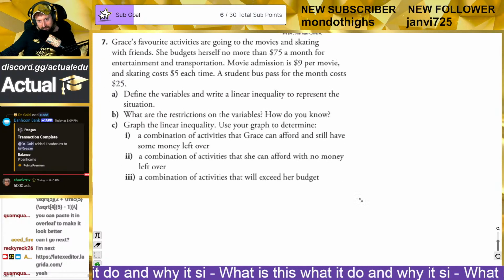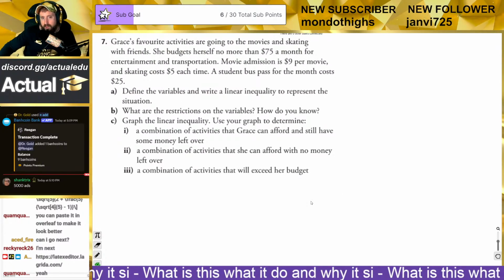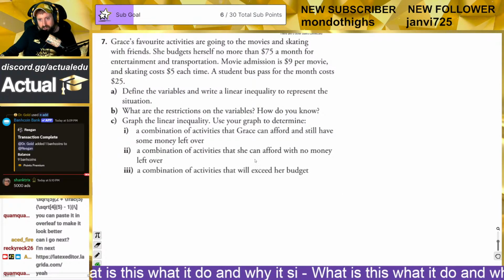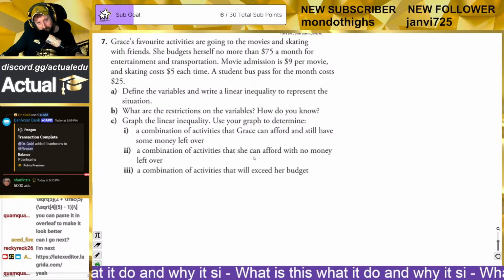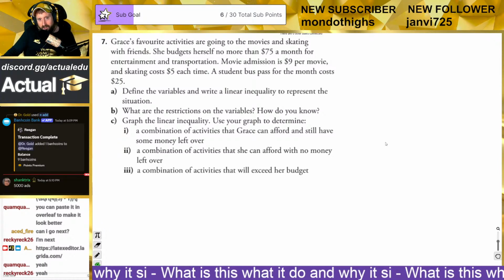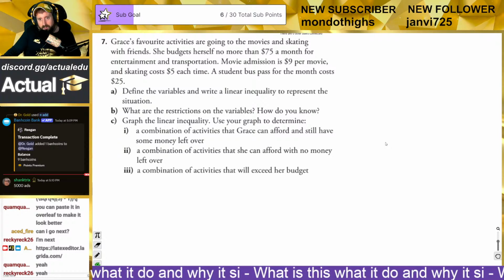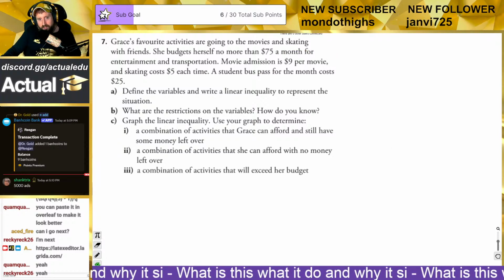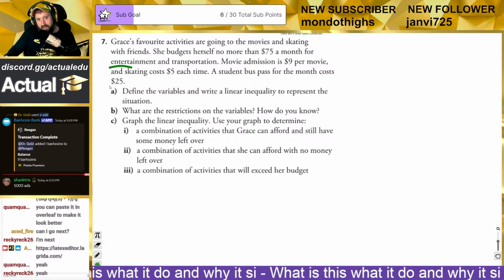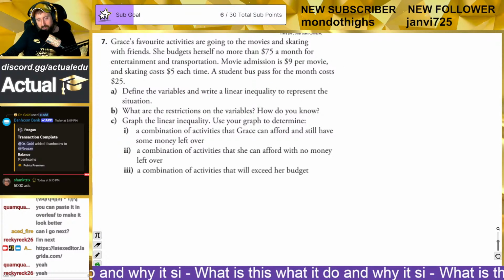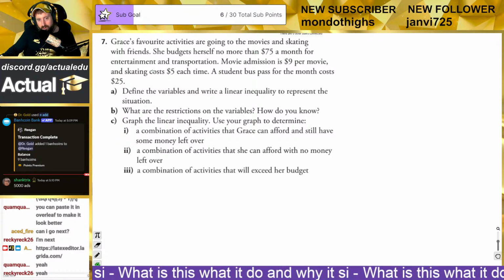Okay, this looks like stats. Grace's favorite activities are going to the movies and skating with friends. How wholesome. Good job, Grace. She budgets herself no more than $75 a month for entertainment and transportation. Movie admission is $9 per movie. Skating is $5. A student bus pass for the month costs that. Define the variables and write a linear inequality to represent the situation.